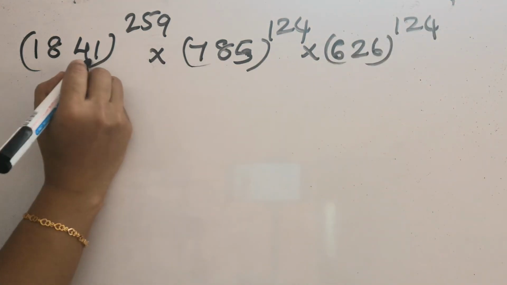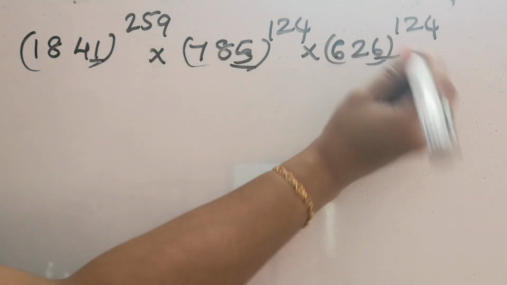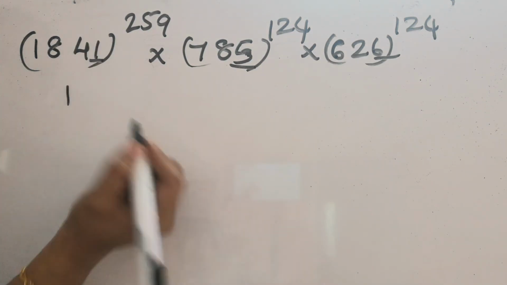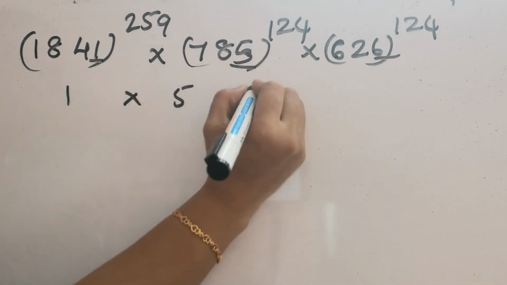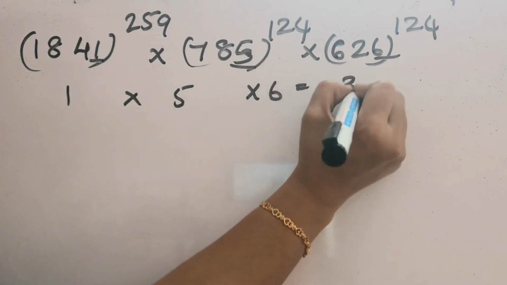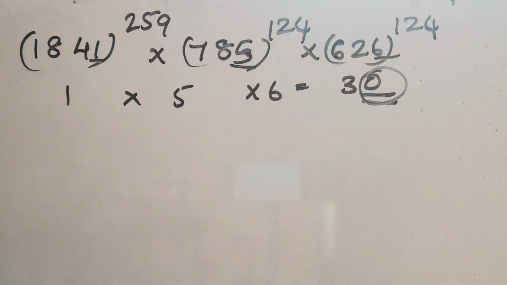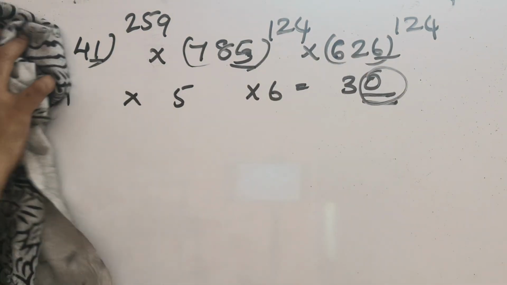Here the unit digits are 1, 5 and 6. After the calculation, here the unit digit becomes 1, here is 5 and here is 6, that is equal to 30. After this calculation, the unit digit is equal to 0. So we move to the next problem.